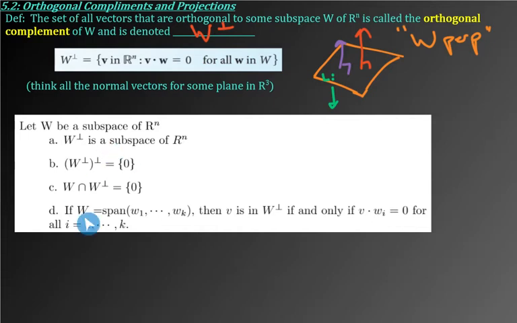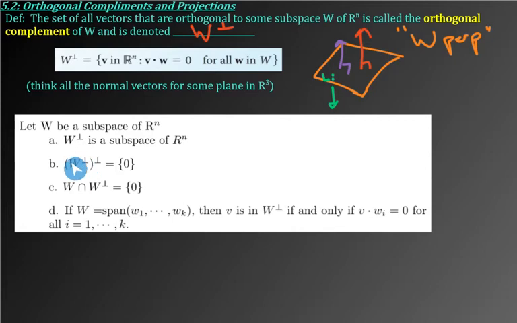These are just some properties, and actually I'll prove some of them at some point, but a lot of them are pretty straightforward. So W perp is a subspace of Rn. The orthogonal complement to the orthogonal complement is the 0 vector.